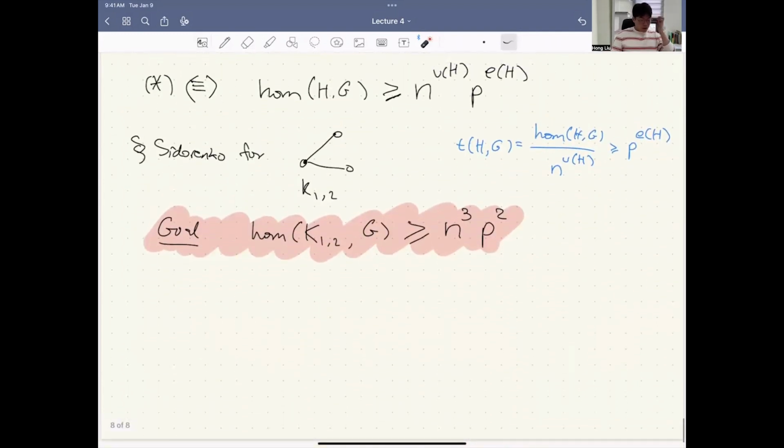Okay, so how do we prove Sidorenko's conjecture for K_{1,2}?